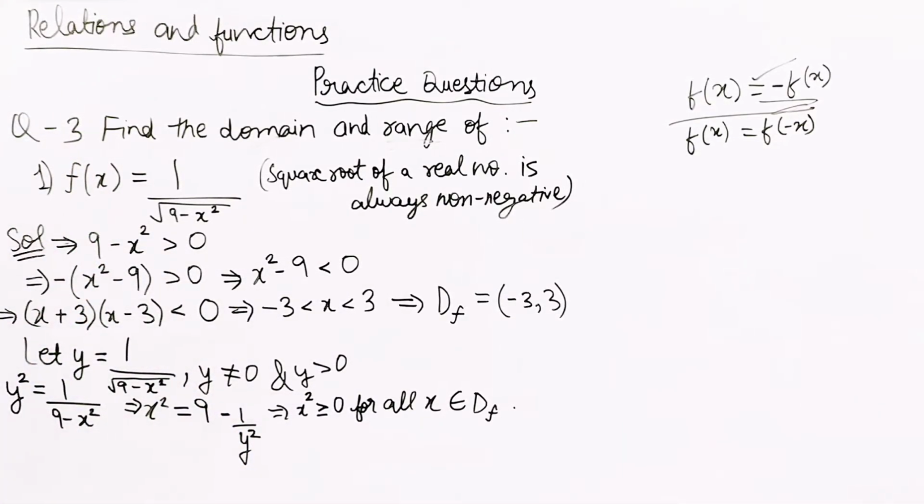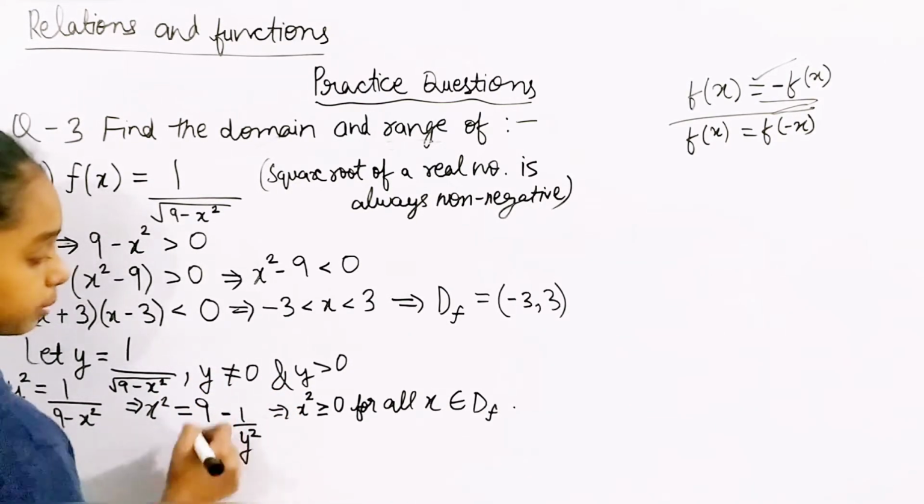Let's find out the range, because we have just solved everything. Now this thing has become really easy for us. It's crystal clear, and we'll be able to solve it really easily. So this is x squared, and I can also write this in the place of x squared.